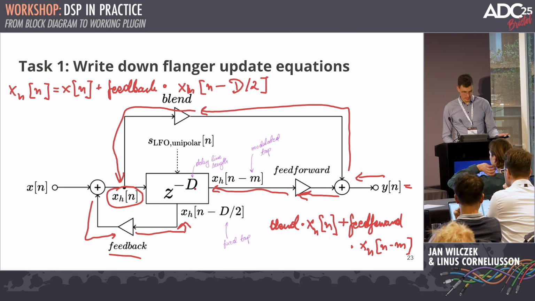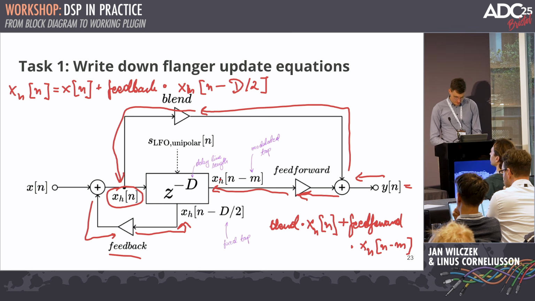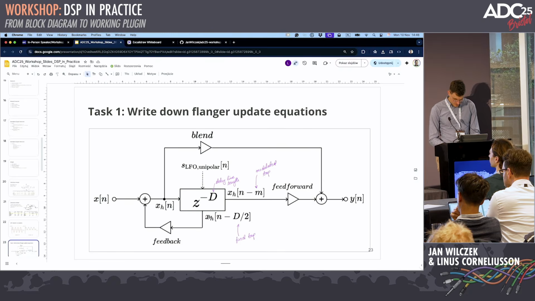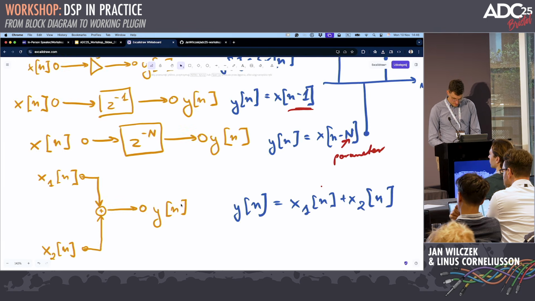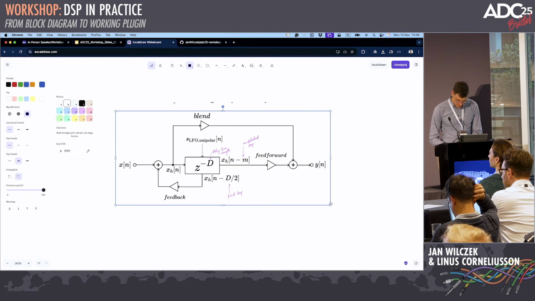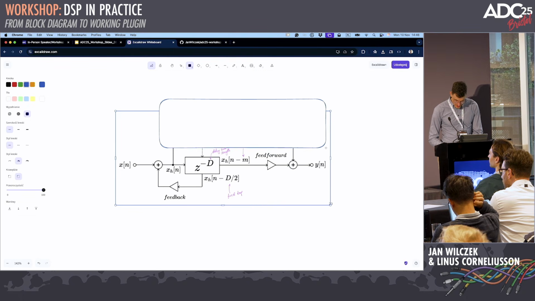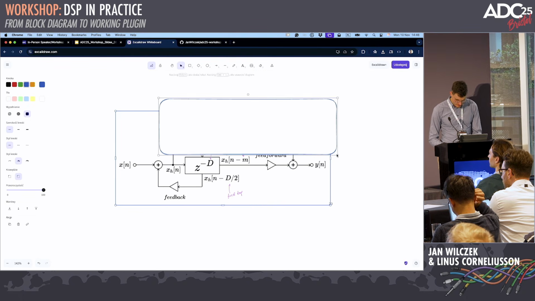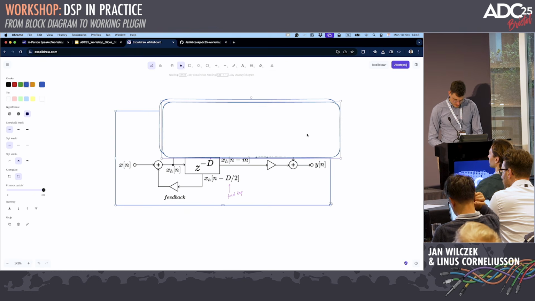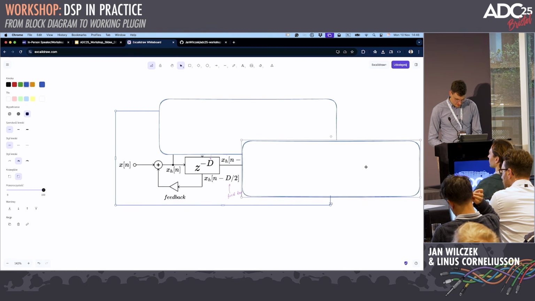This would be even more hand waving, but let me try. I do it like this. I'll try to copy this here. Okay. Yeah, let me hide this part. And this part.